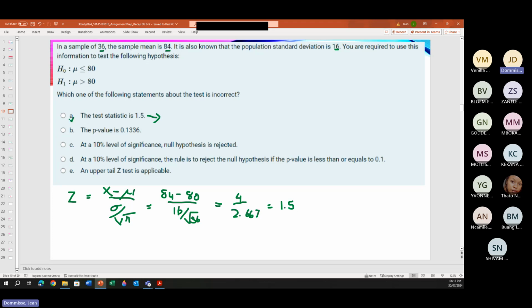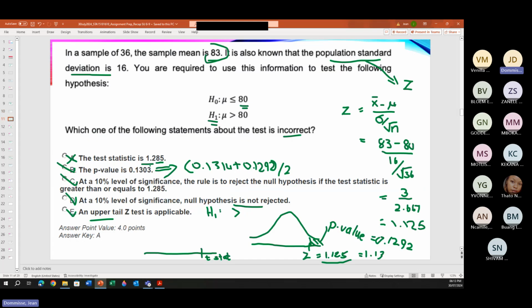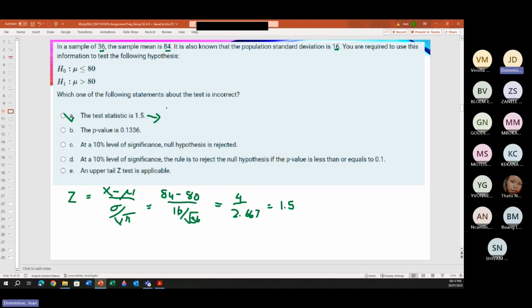Okay, so T-stat is 1.5. That is what is a bit different from the question that was dealt with previously. There we had that the T-stat was wrong. So here T-stat is correct.